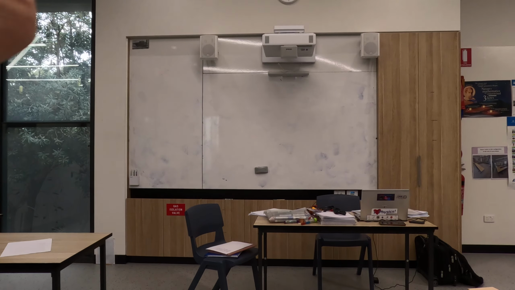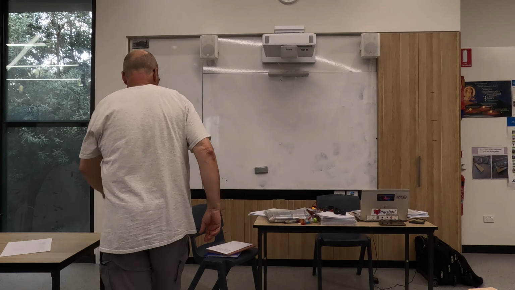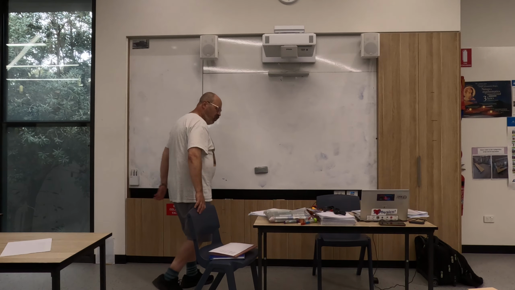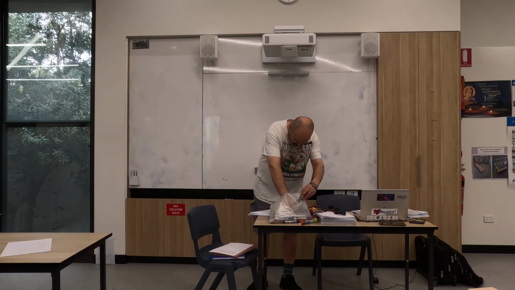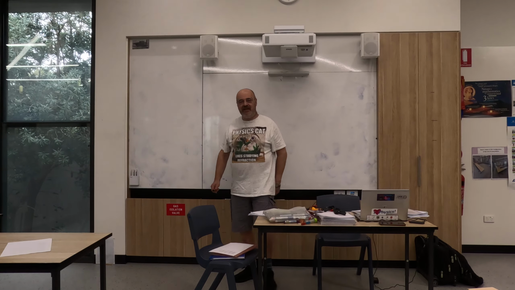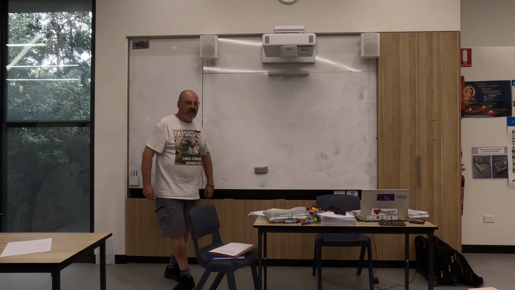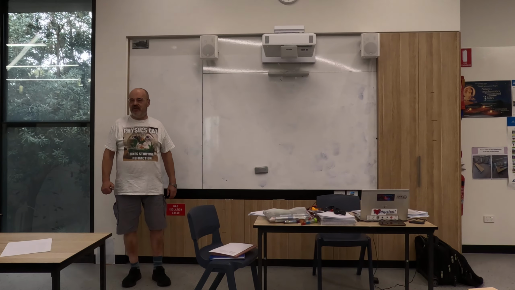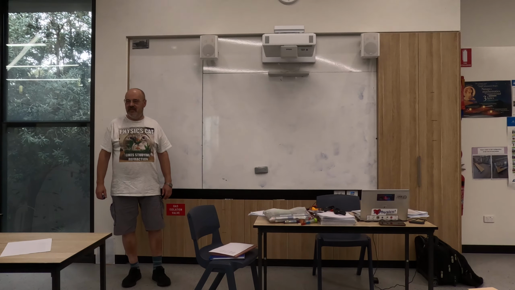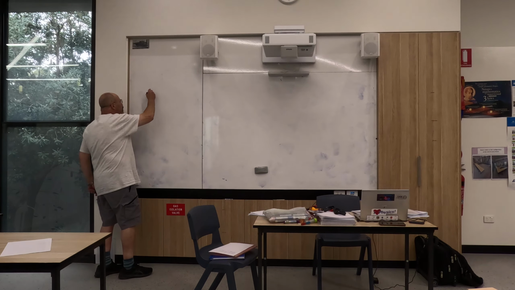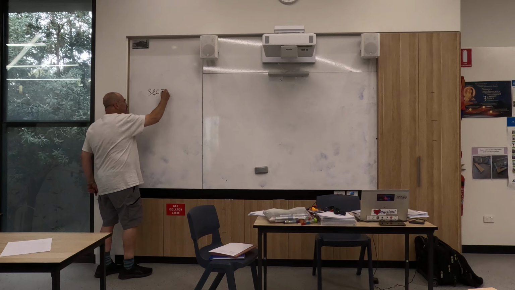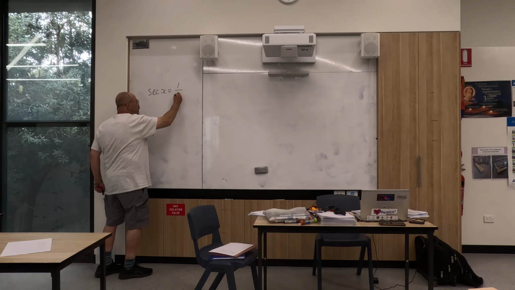So today our learning intention is to learn about the graphs of the reciprocal circular functions. Can you remind us what the reciprocal circular functions are? Secant x equals 1 on cos x.